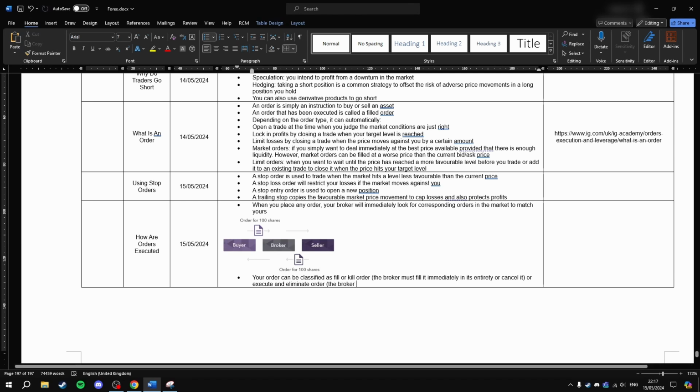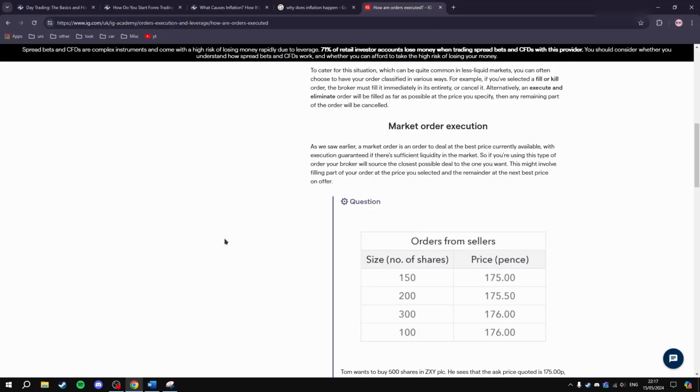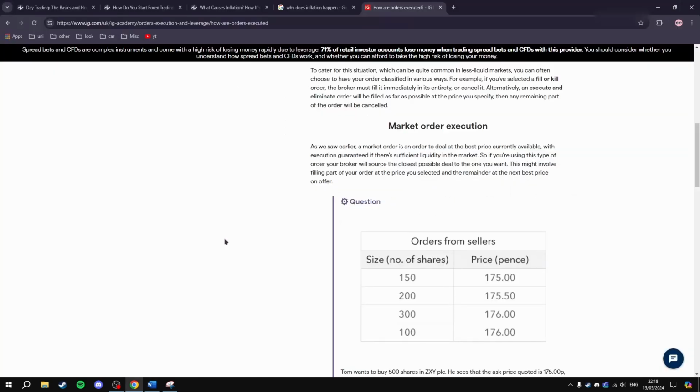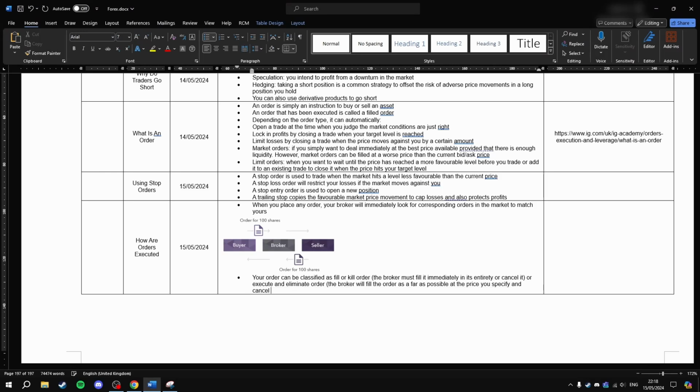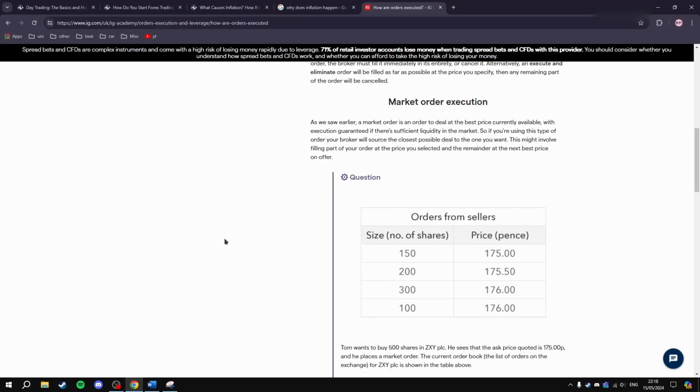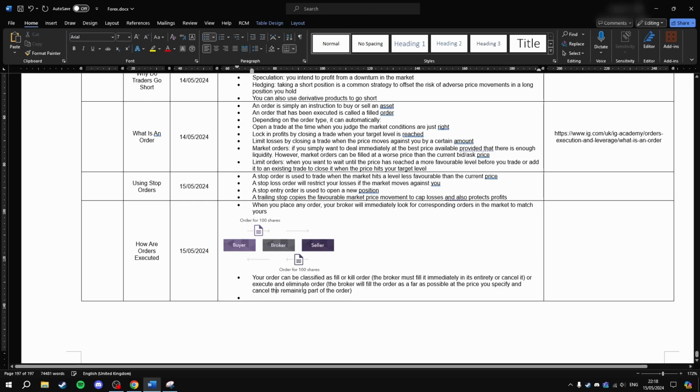The broker will fill the order as far as possible at the price you specify, and cancel the remaining part of the order.